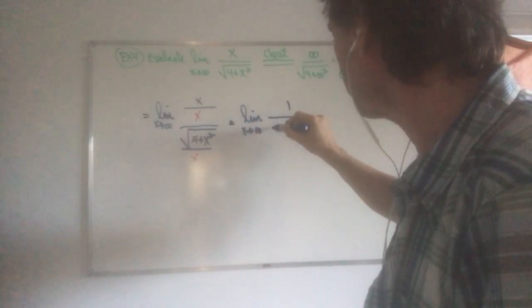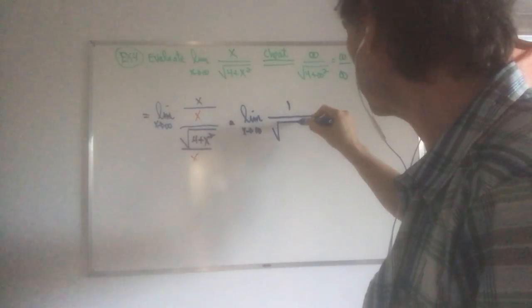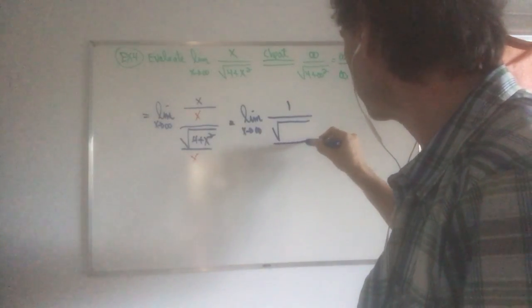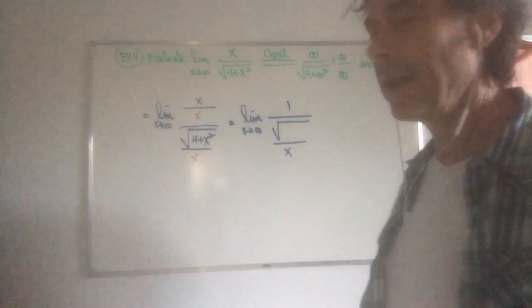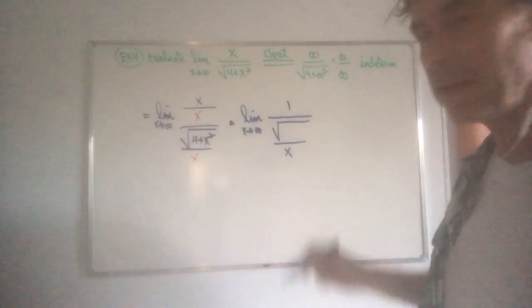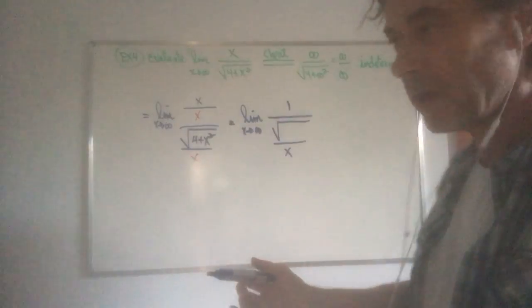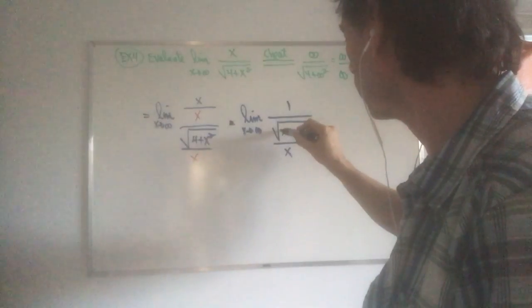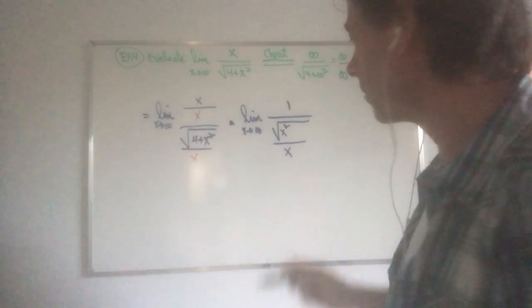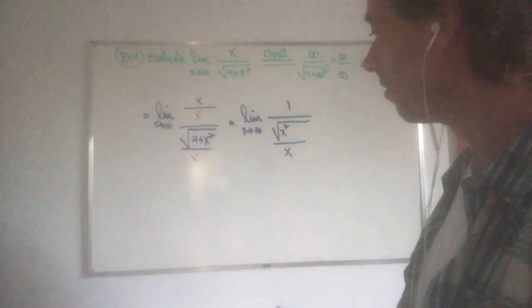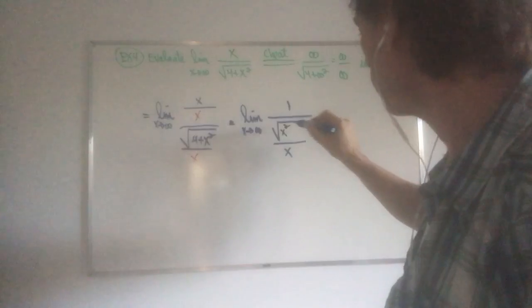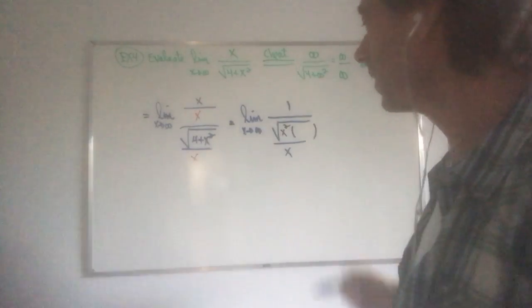Here's what I suggest. This is going to be the root of 4 plus x squared, over x. And I suggest that from within this root, we do something a little awkward. We factor out x squared from 4 plus x squared. What will I get if I do that?